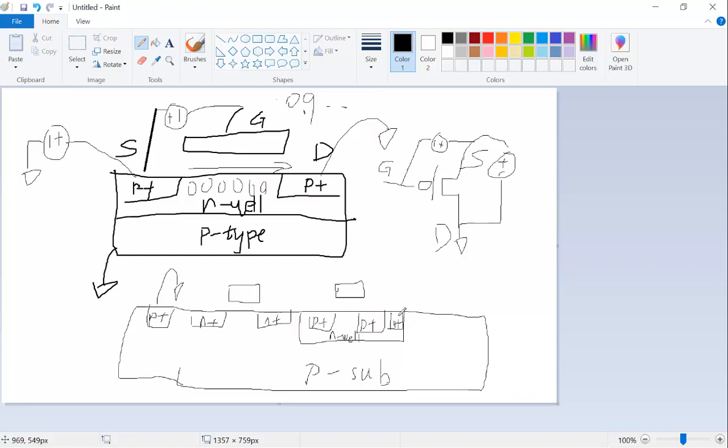Implant N plus here and connect it to VDD. Make sense? The N plus is shorted to the N well because they are the same material. So if you short this one to VDD, you short the entire body or N well, which is the body of the PMOS, to VDD.